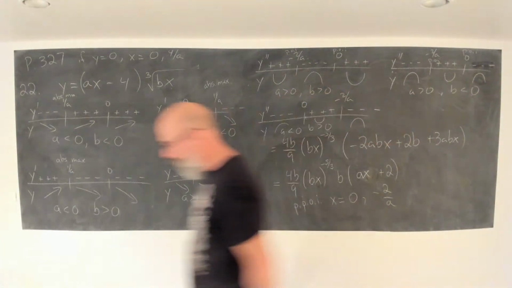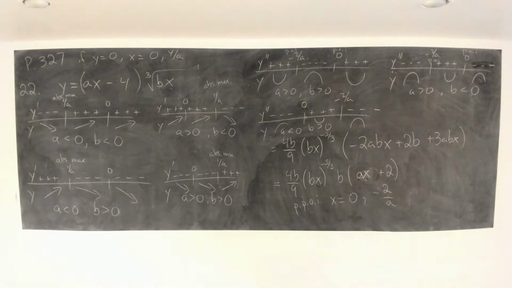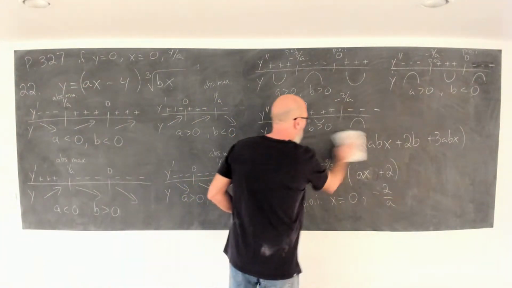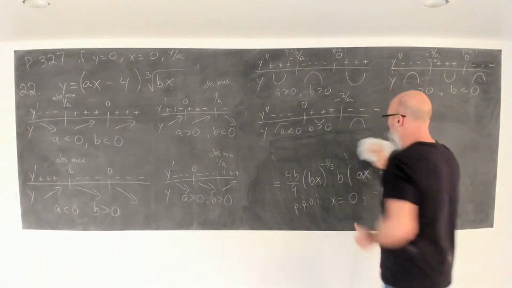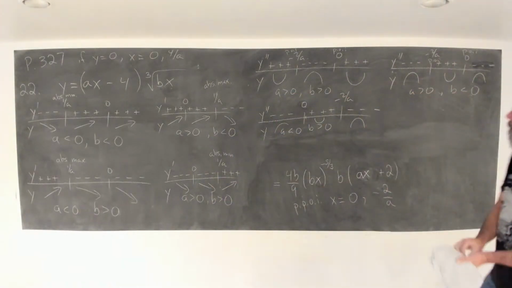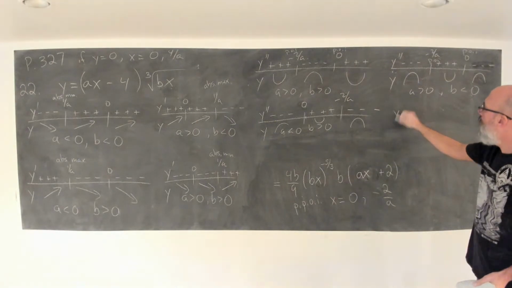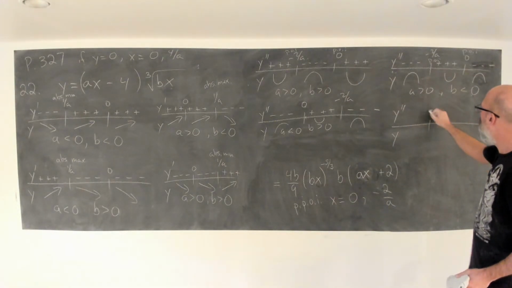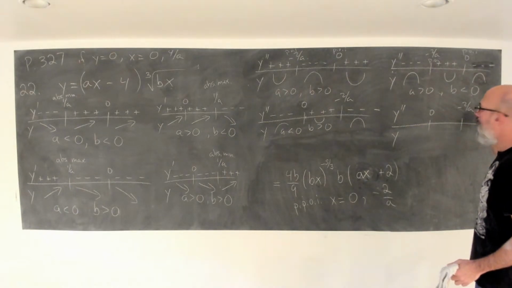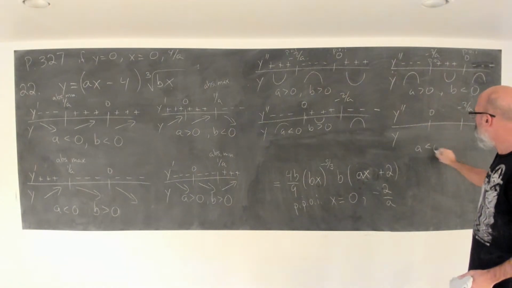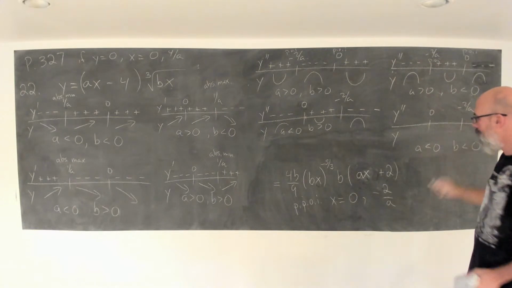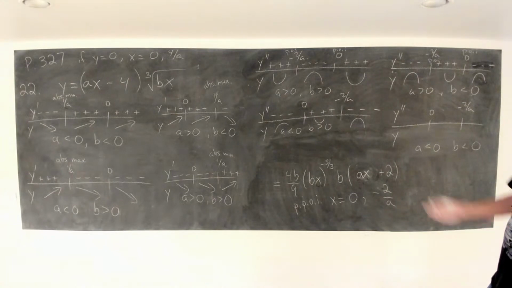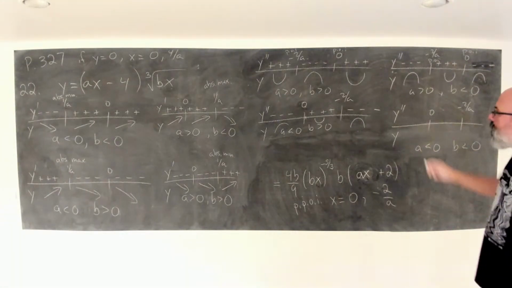Finally, let me erase a bit of stuff here. Finally, if A is less than 0 and B is less than 0, again, 3 negatives here make everything change signs.